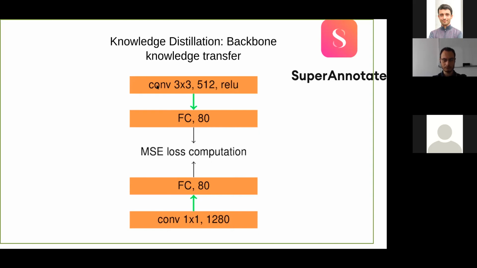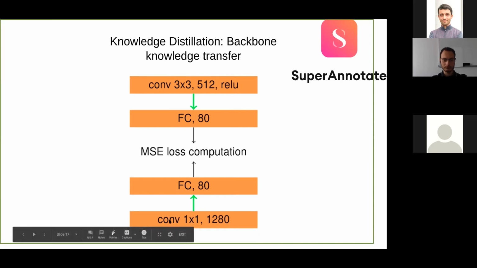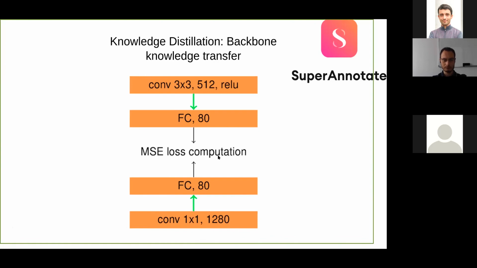As you can see in our state-of-the-art teacher model, we have this final convolution layer, and for the MobileNet part, we had this one, and we employ a fully connected layer to bring them to the same dimension. After that, we compute a mean squared error loss between these, and we add this mean squared error loss to our total loss function with some coefficient lambda.